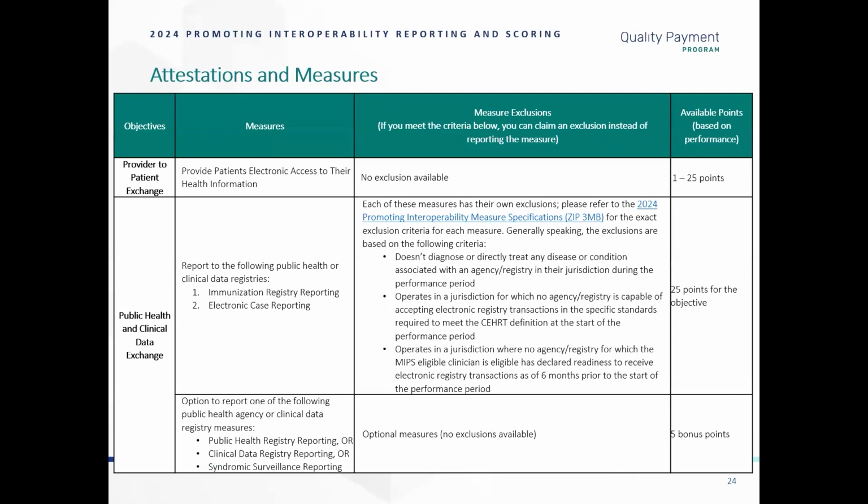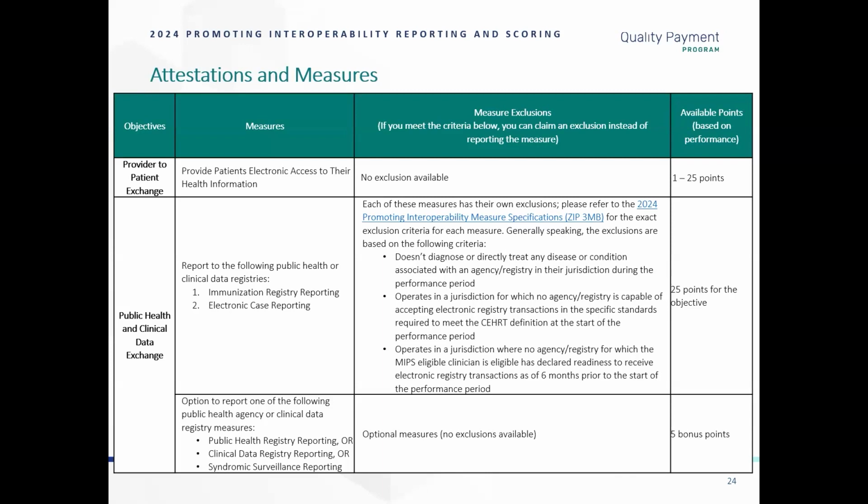If you attest yes to both, or if you attest yes to one and claim an exclusion for the other, you would get the 25 points. If you claim exclusions for both, those 25 points get moved to the provide patient electronic access to their health information.